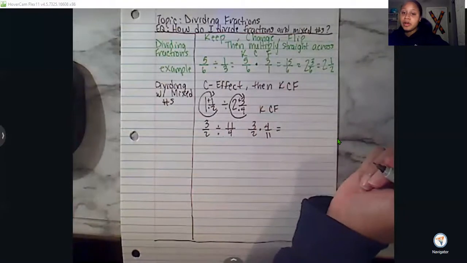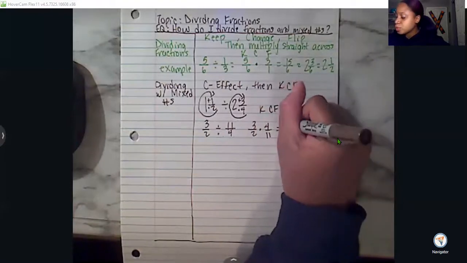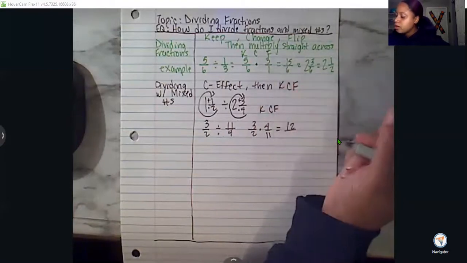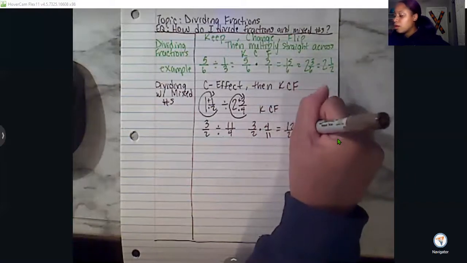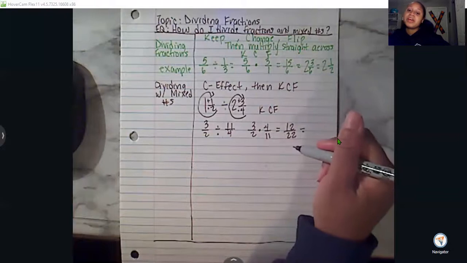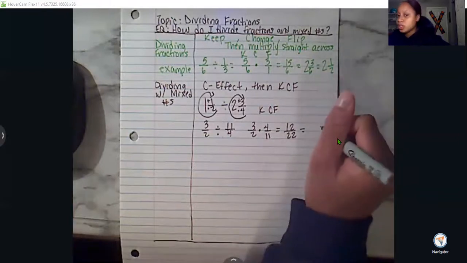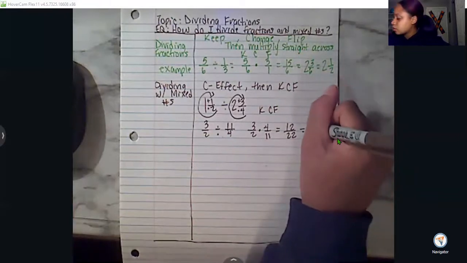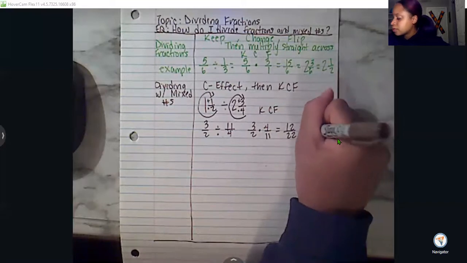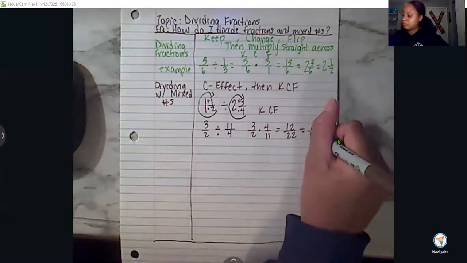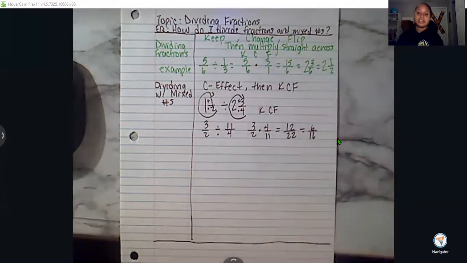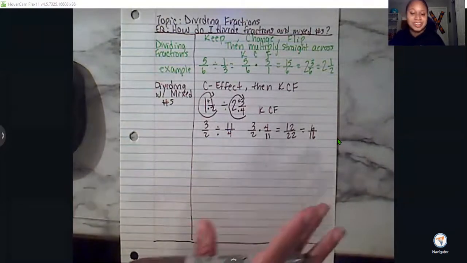Then you just multiply across from here. 3 times 4 we know is 12, and 2 times 11 is 22. Both 12 and 22 can be divided by 2, so you simplify to 6/11. Oops, that looks like a 6, but that's 11. I just accidentally put a little squiggle.